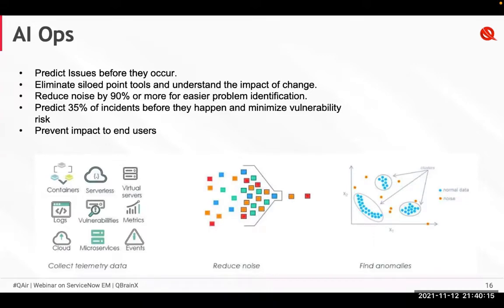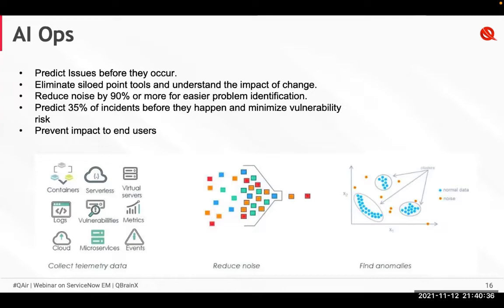So what are the benefits that we get out of AI operations? We can eliminate silos of tools, and we can understand the impact on the particular application if any changes have happened recently, because the trend of events is being raised more on that application service.